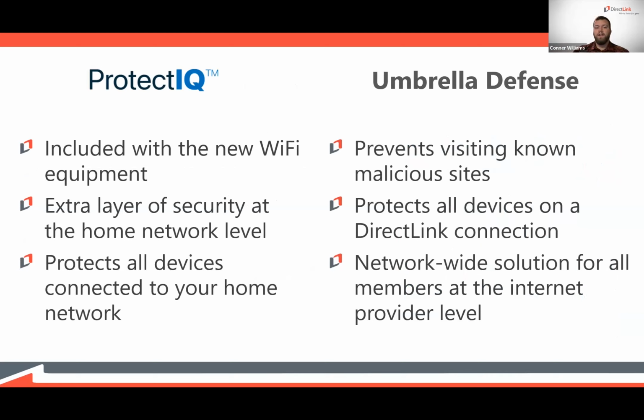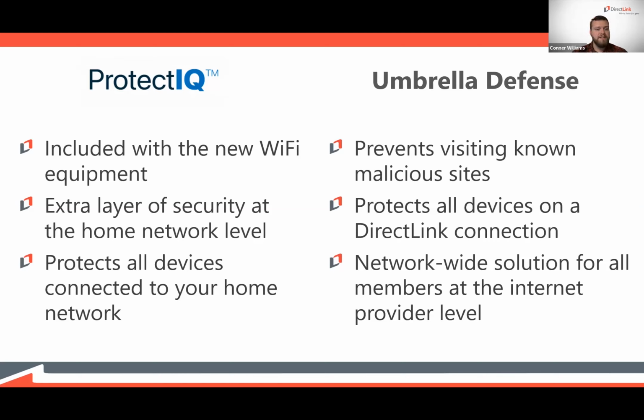So I mentioned those advanced security features that we have, there's actually 2 layers of online security protection. One of them here is called Protect IQ, and this is actually built into the new Wi-Fi equipment itself. Now, this is an extra layer of security at the home network level, and it protects all devices that are connected to your home network.